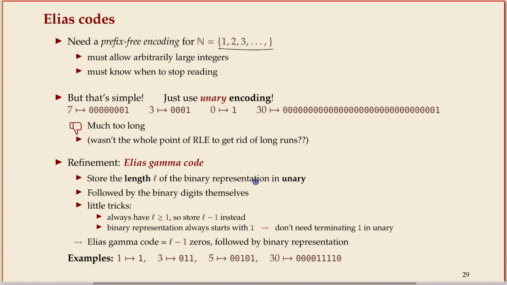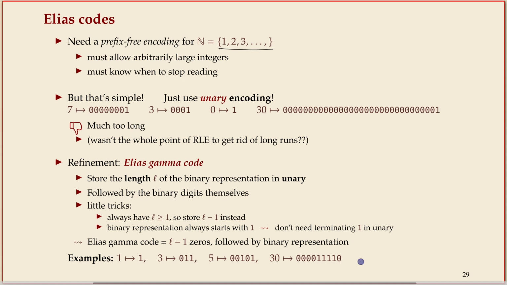And also, the binary representation of any number starts with a 1 if you restrict it to the meaningful digits. So we don't need to store that 1, or expressing the same thing in a different way, we can omit the terminal 1 of this unary representation, because we know the binary representation will start with a 1 anyways.